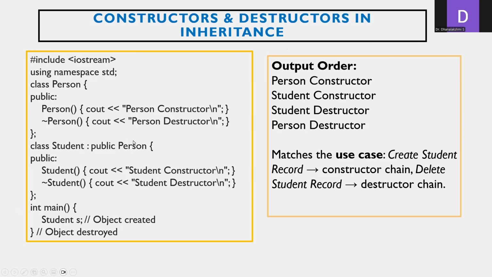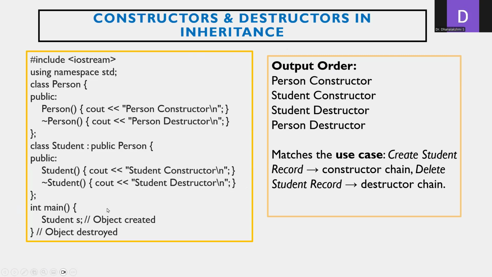That means whenever we create a student object, both the base class, that's person, and the derived class, that's student, get involved in the process. That is, the student constructor will print student constructor when a student is created, and you have a tilde symbol here. So when this destructor is called, it will print student destructor when the student is destroyed.